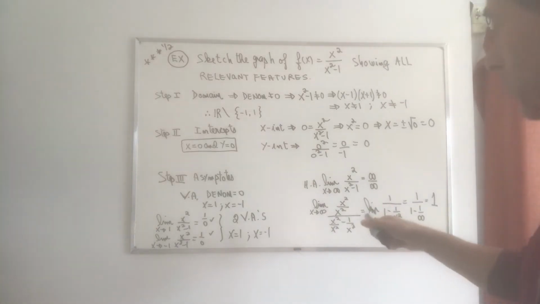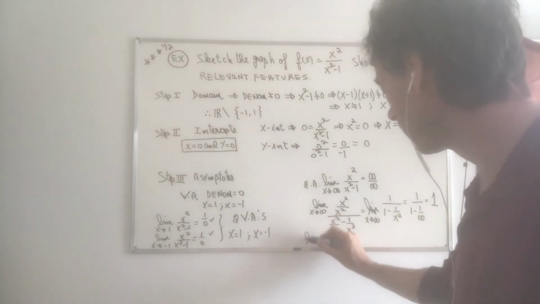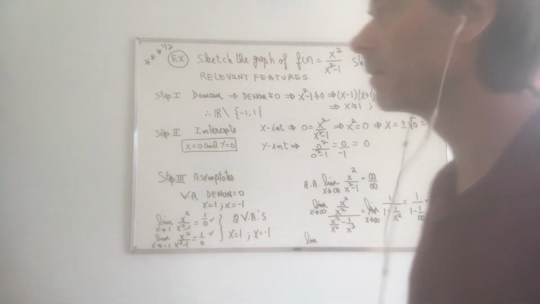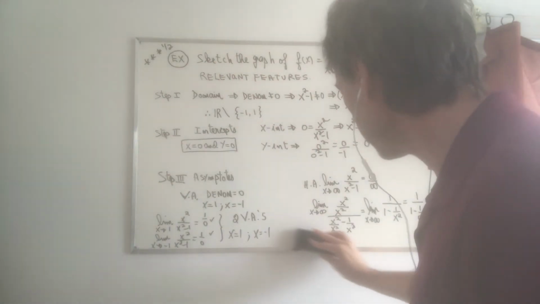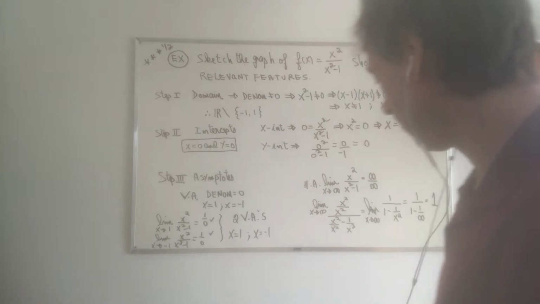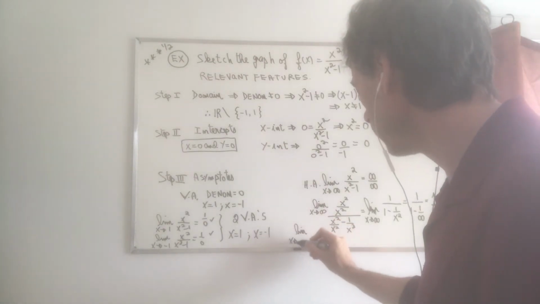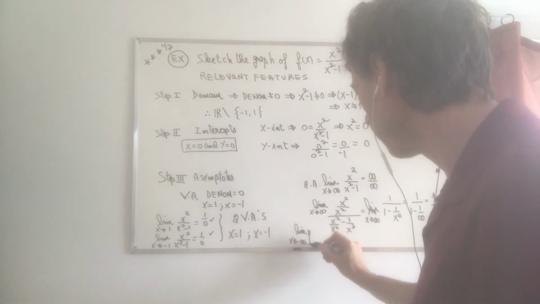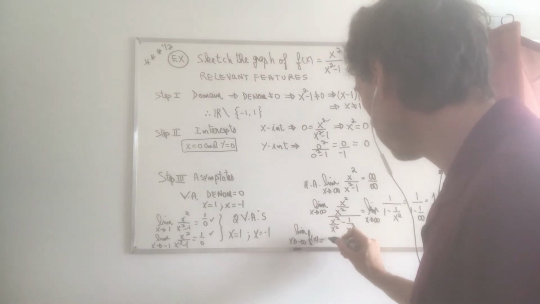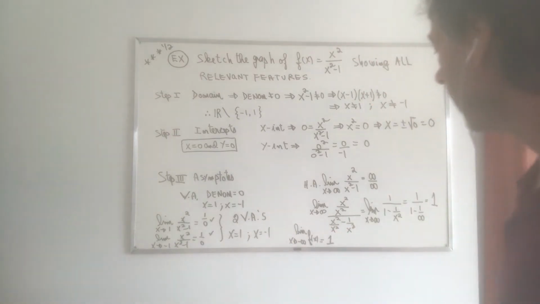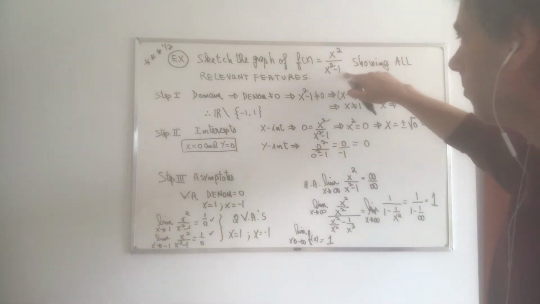I should also be doing the limit as x goes to negative infinity of f of x, but I will not do it because it's a polynomial over a polynomial.